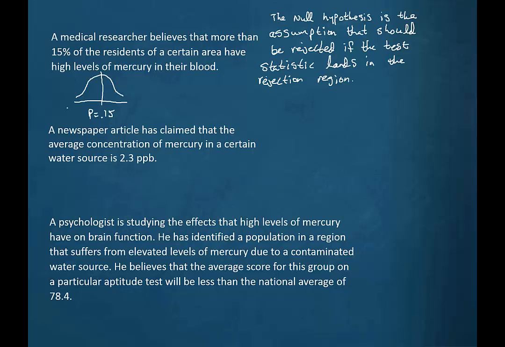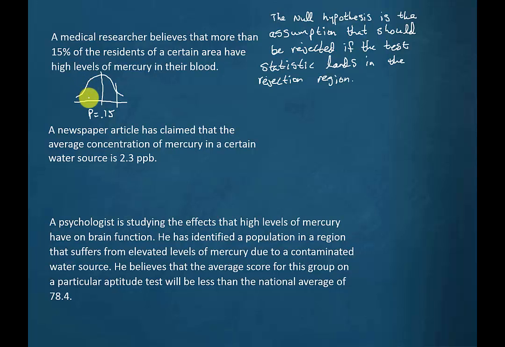If we have a distribution where the population proportion is 15%, we would conclude that it's not 15% in favor of it being greater than 15% if this rejection region, or unlikely area, was all concentrated up here and we landed up here. So our rejection region would be all up here to the right, because we really don't care what's down here to the left in this case.